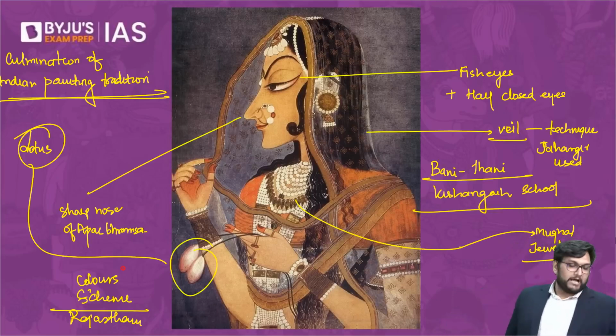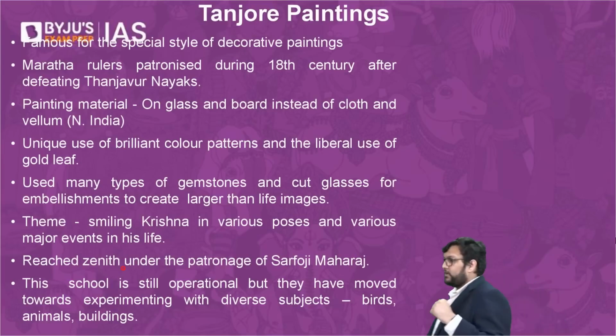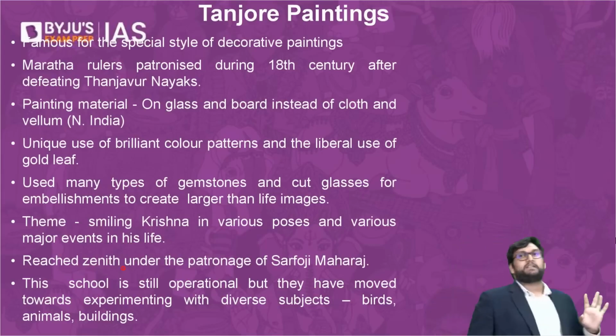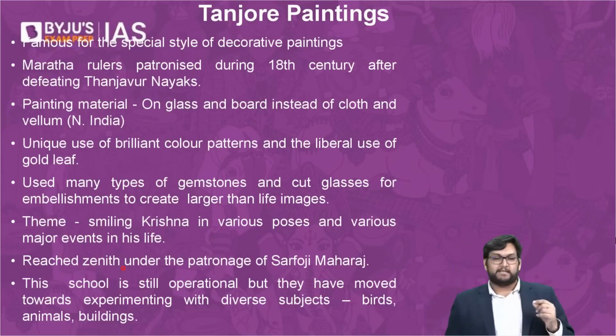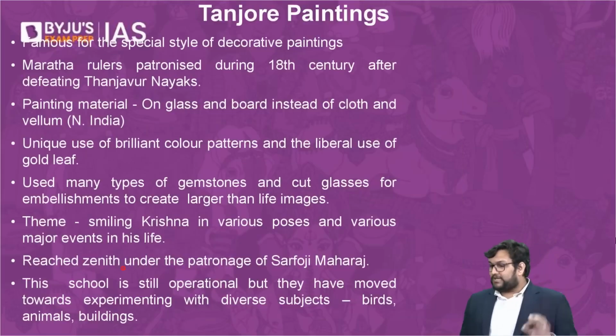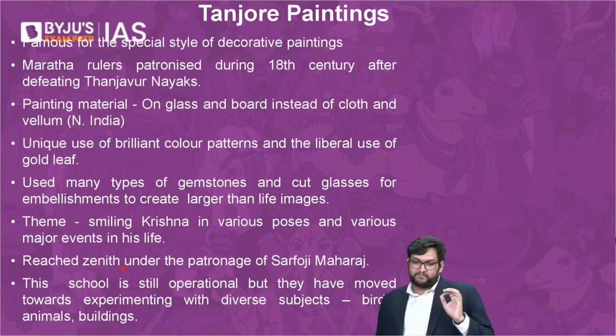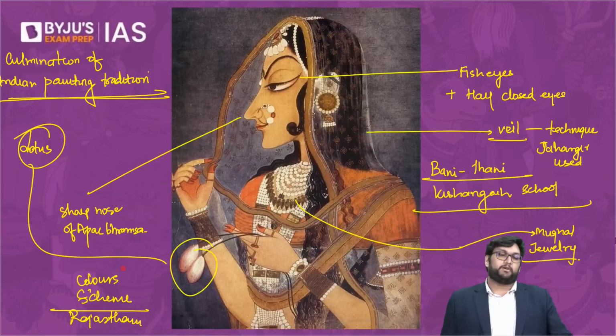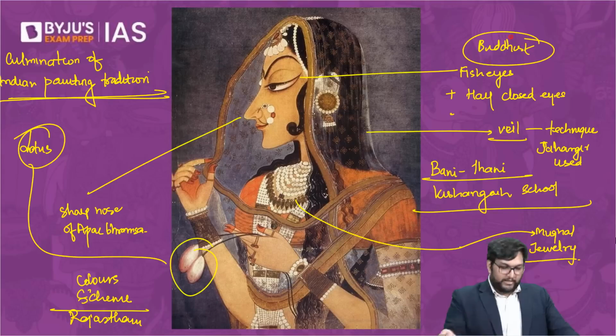With Bani Thani, our basic discussion of Mughal paintings is done. Now, the last two painting traditions which are left in India are Thanjore painting and Mysore painting. Bani Thani is what we have done till now: Abhransham school, Buddhist influence plus Mughal influence plus Rajasthani all come together.